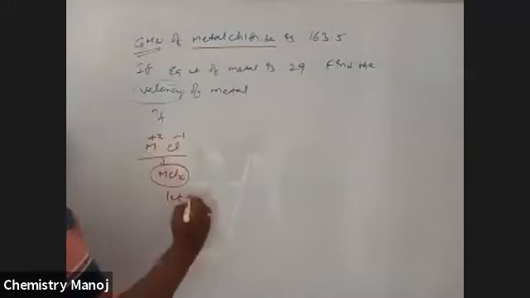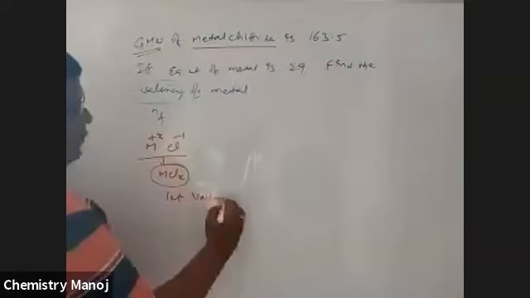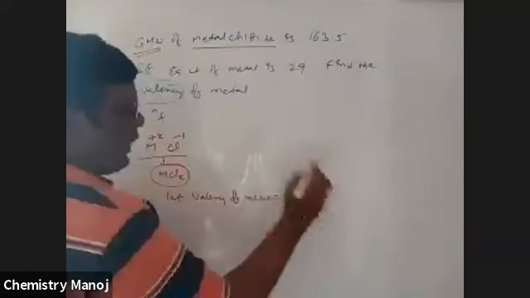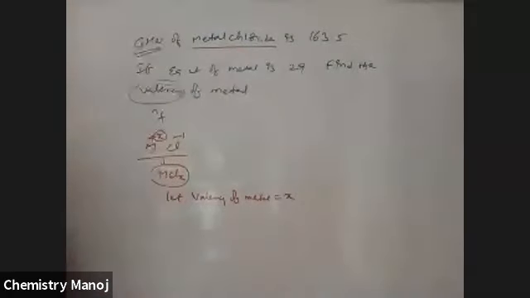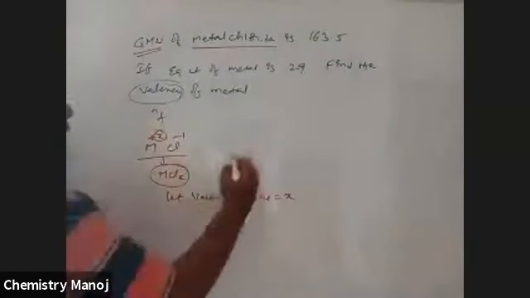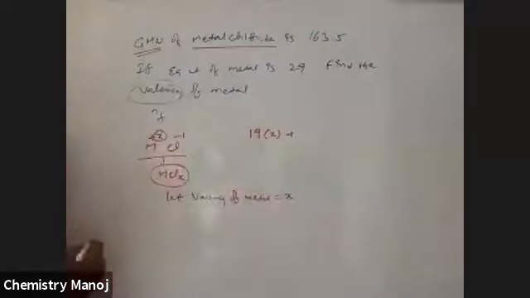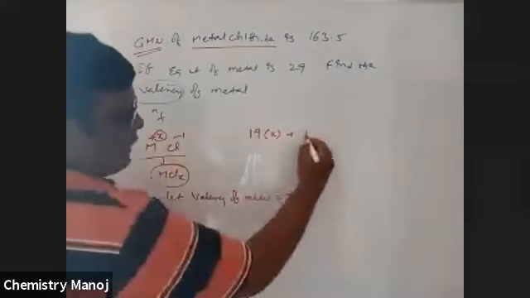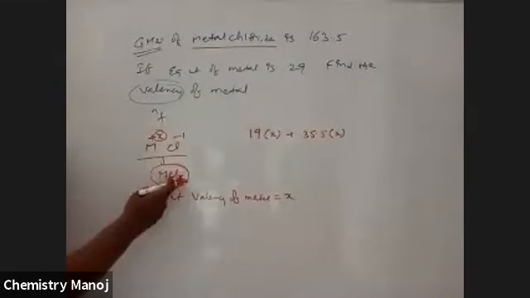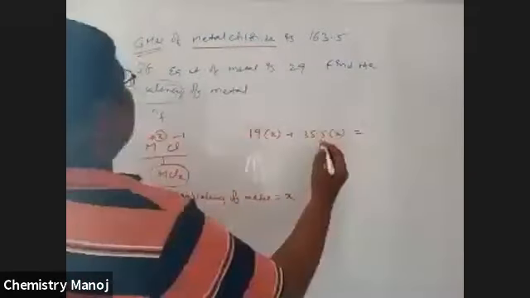So let the valency of metal be X. Therefore, equivalent weight into valency is the atomic weight of the metal, plus chlorine, which is 35.5 into X, equal to 163.5.